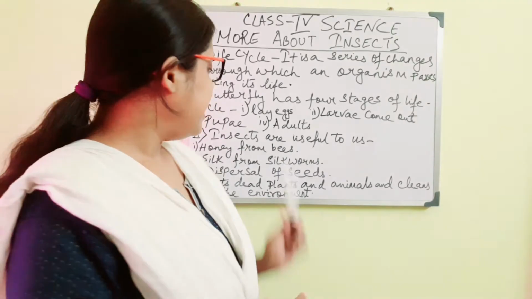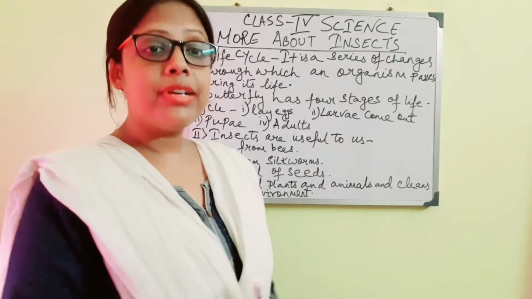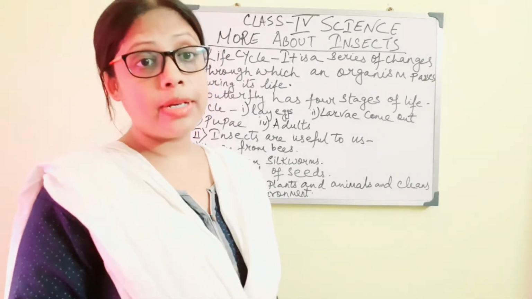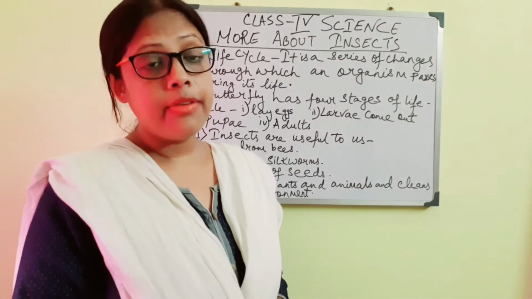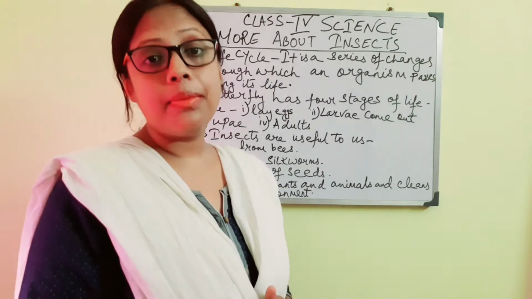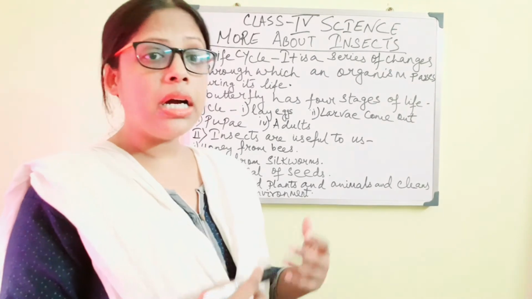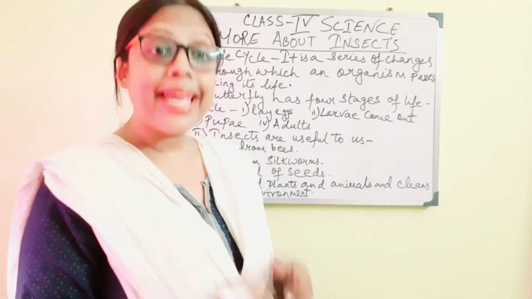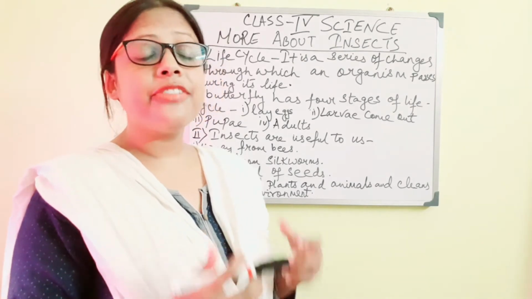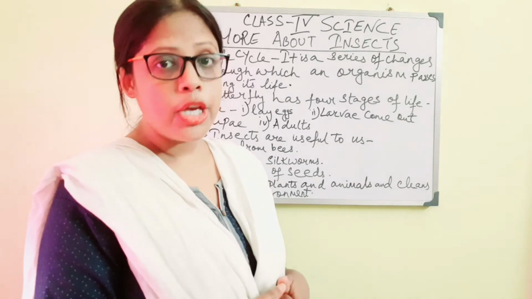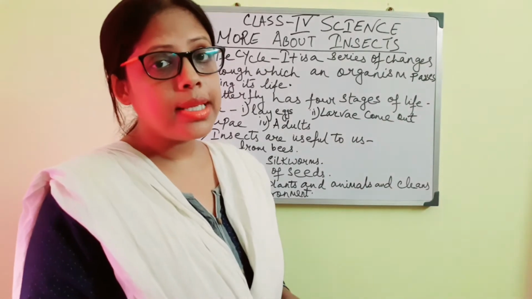So bees not only give us honey, but also we can make useful products like crayons. We can make some skin products. We can make some candles. We all use candles at home, so we make candles. So these are the different types of products that we get from bee wax. So bees are very useful to us.